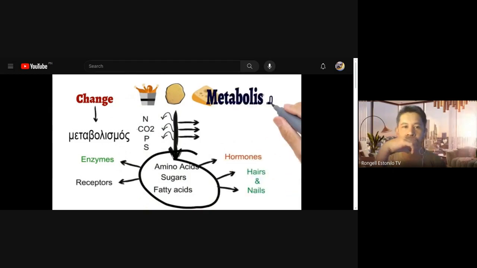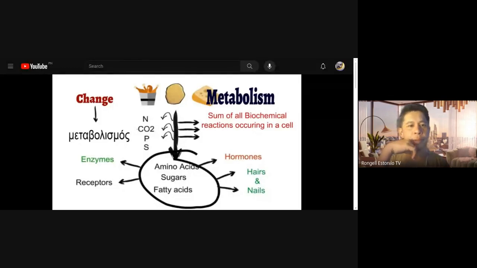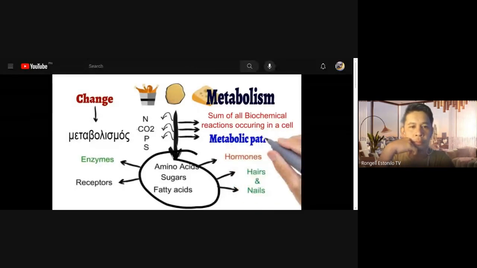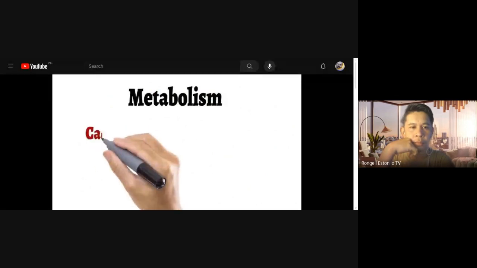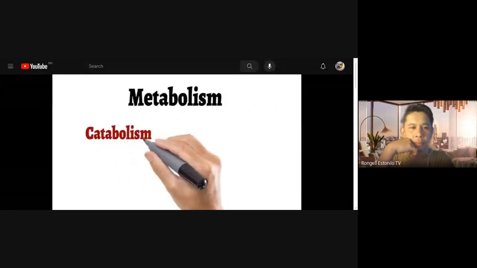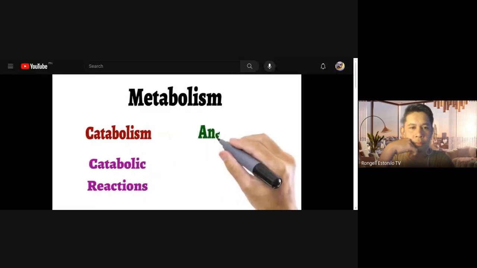So, metabolism can be defined as the sum total of all the biochemical reactions occurring in a cell. This interconnecting network of reactions is called metabolic pathways. Metabolism can be classified into two categories: catabolism or catabolic reactions, and anabolism or anabolic reactions.